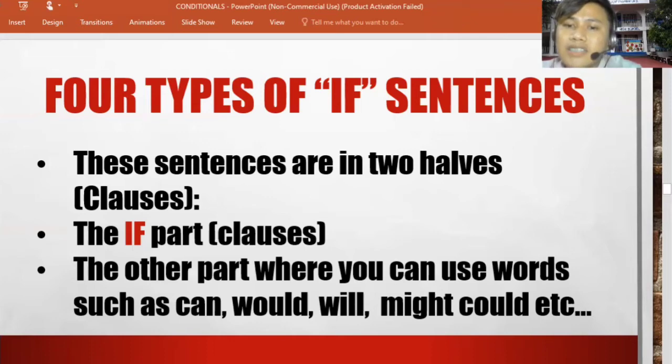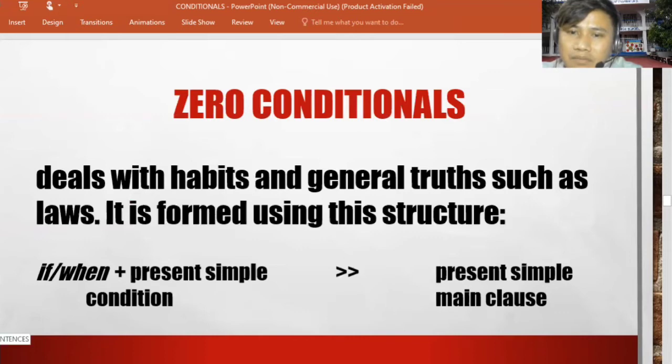So let's start with the first type. What do you think is our first type? Okay, we have the zero conditional. When we say zero conditional, it deals with your habits, like what I have said earlier.